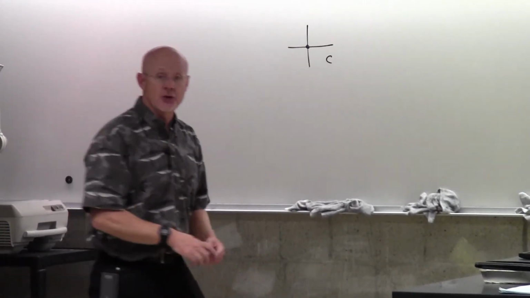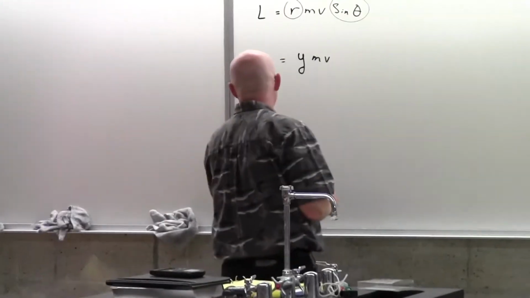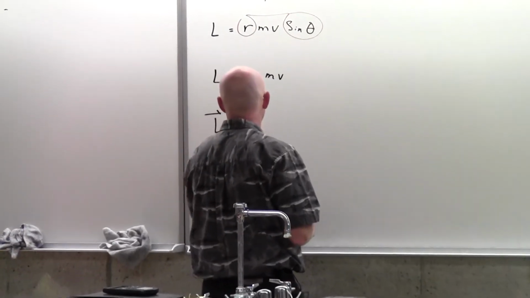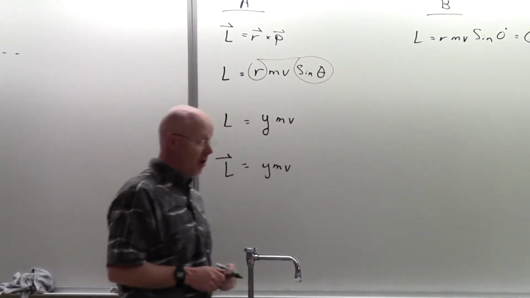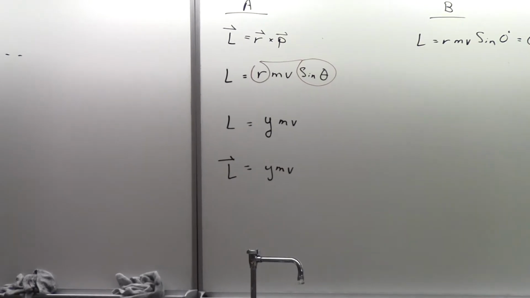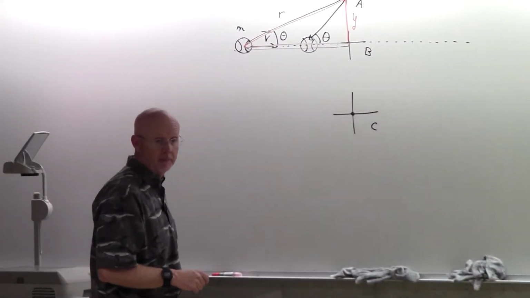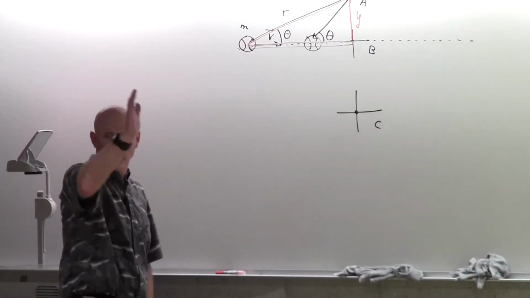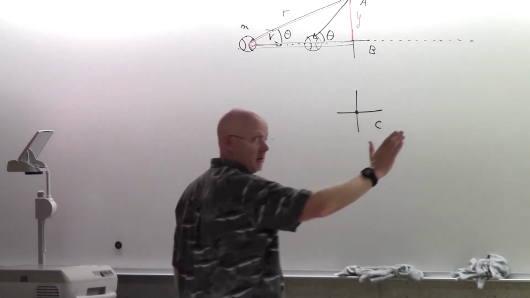Oh, let's give it its direction here. What direction is the angular momentum? Let's make it a vector now. Now we know that it's YMV. Doesn't it have a direction? All right, here's that right-hand rule again, right?